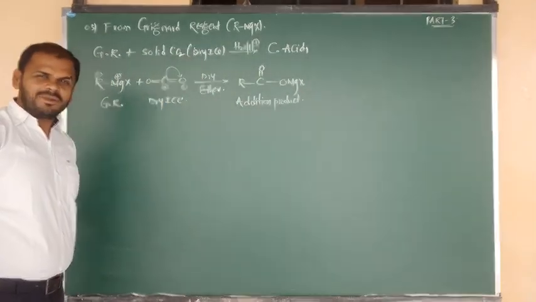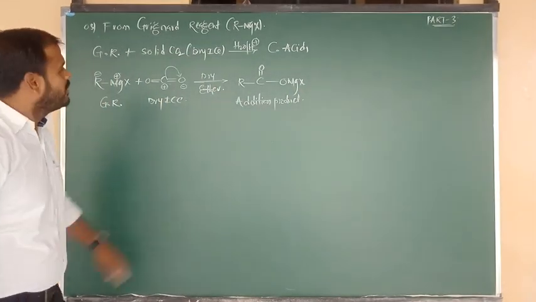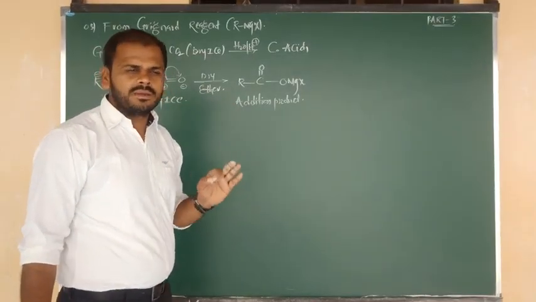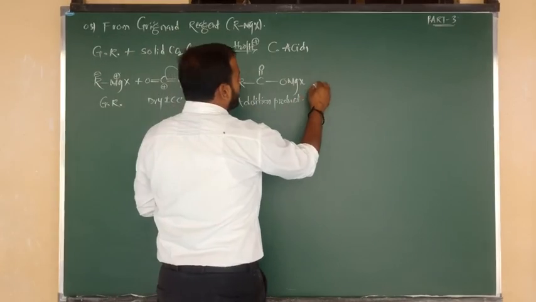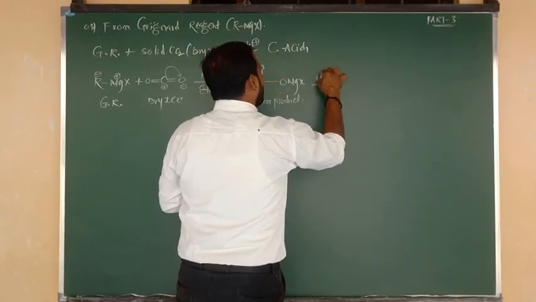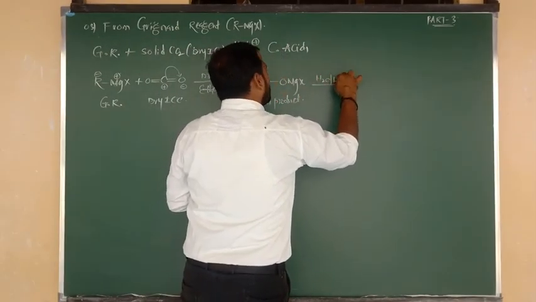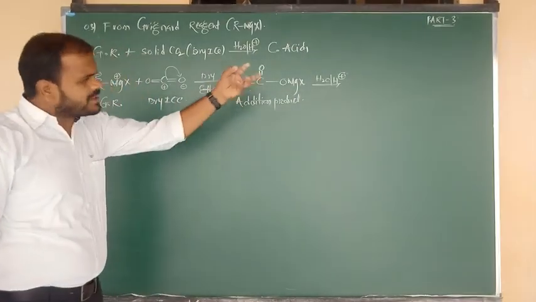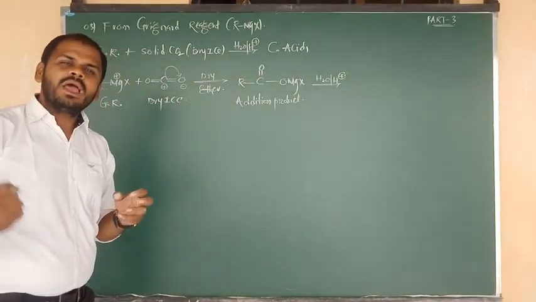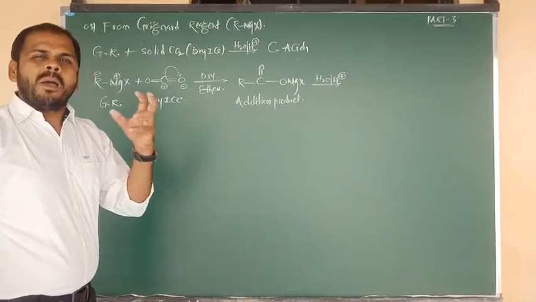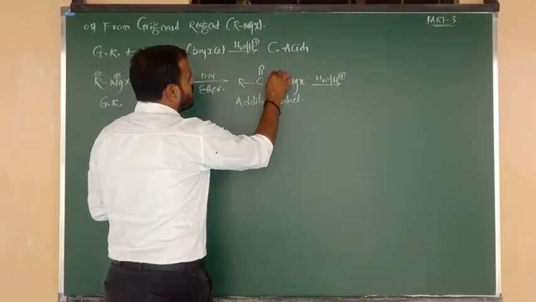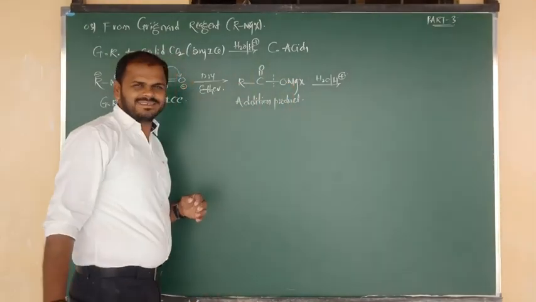Now such an addition product, what do we have to do? Simply we have to do hydrolysis, in acidic medium. The addition product upon hydrolysis, that means by the addition of water, a bond break takes place between carbon and oxygen.